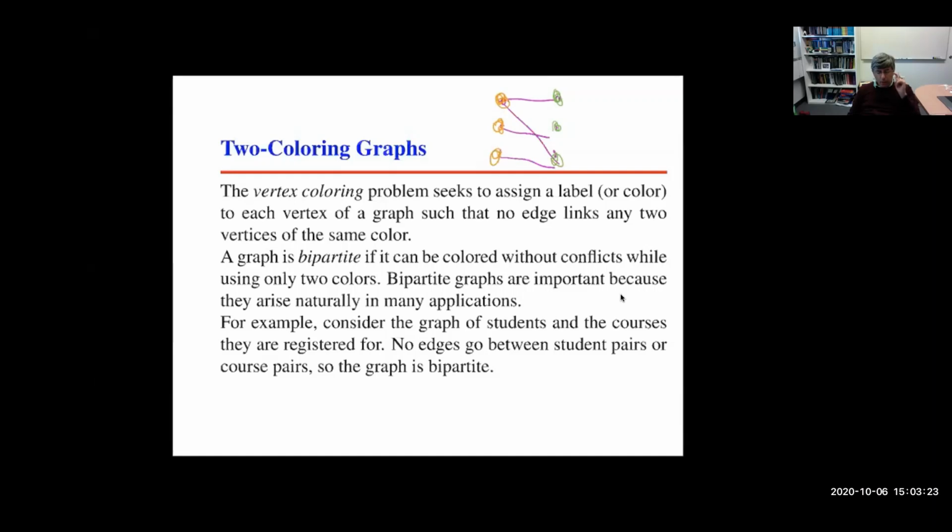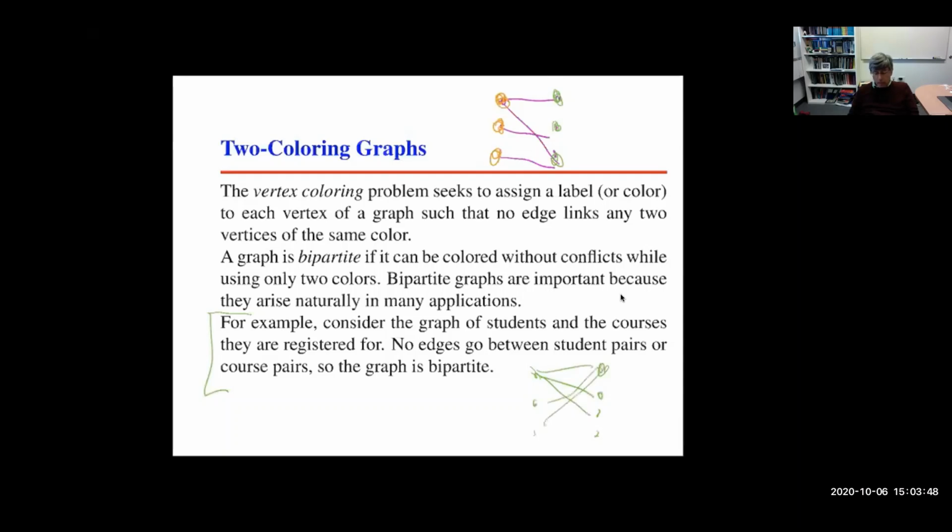Bipartite graphs are very important because they arise in many applications. An example might be the graph of students and the courses they're registered for. On one side, you have courses. On the other side, you have students. Certain students are registered for some courses, and every course has students in it.